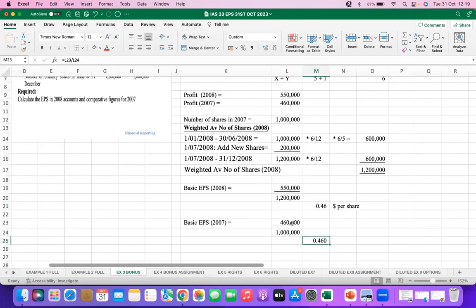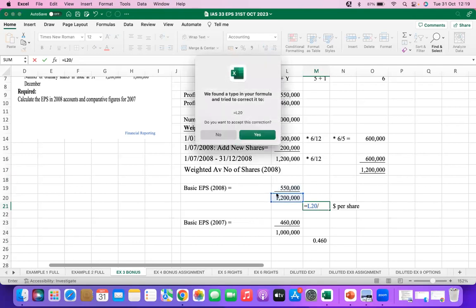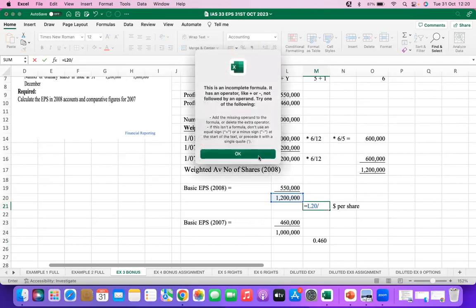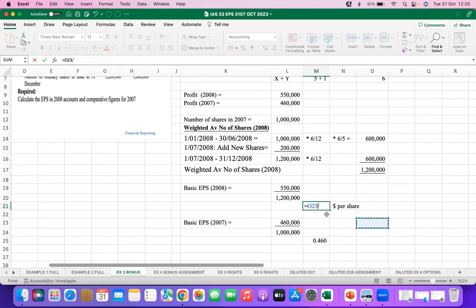Is there something not right? Okay, here is where I went wrong. Let me just redo this.